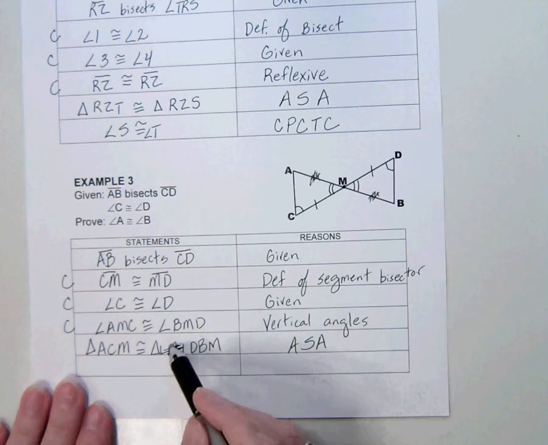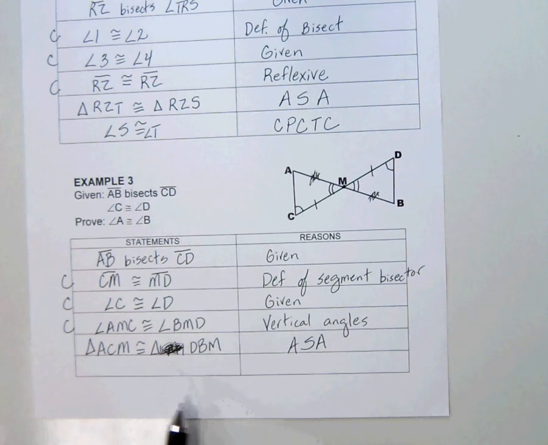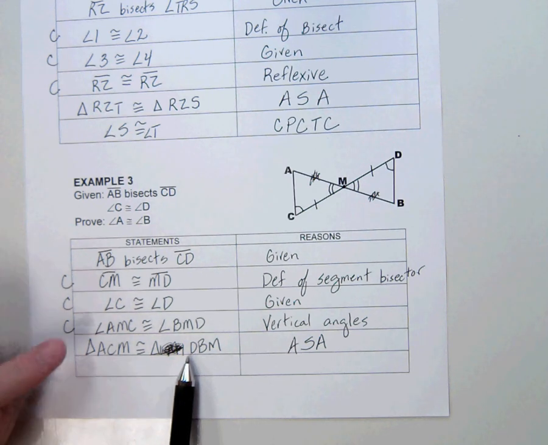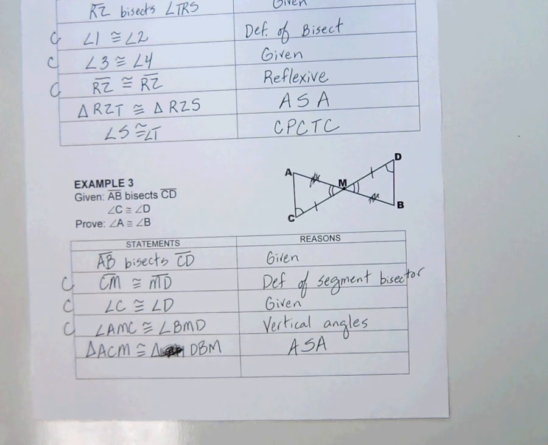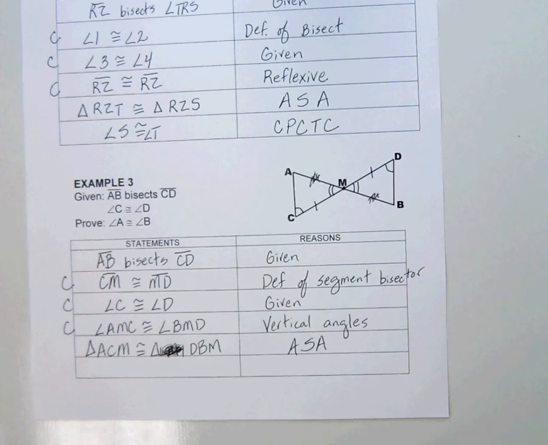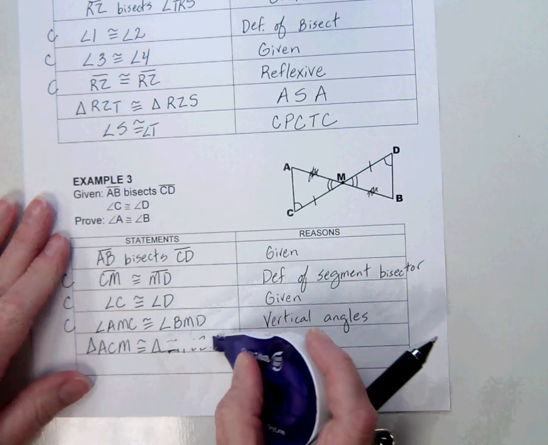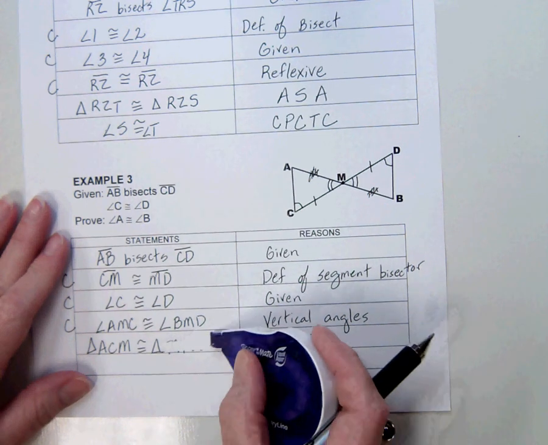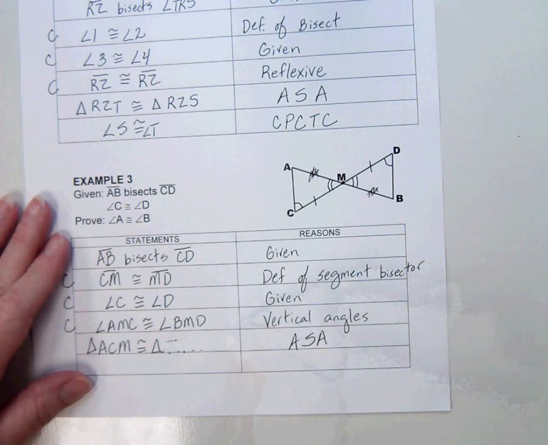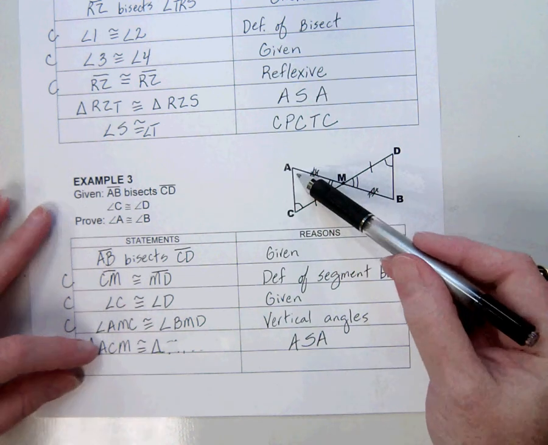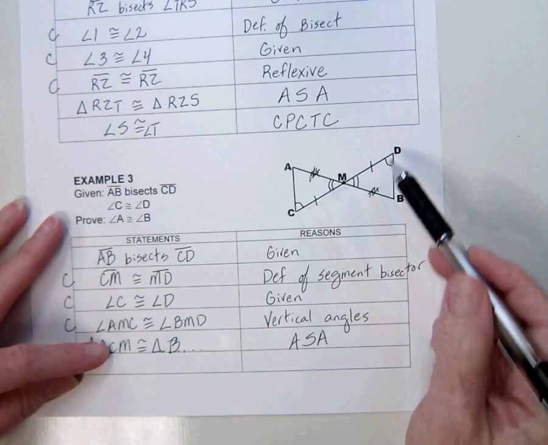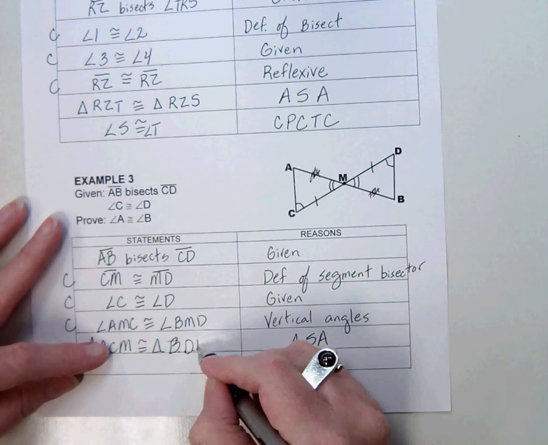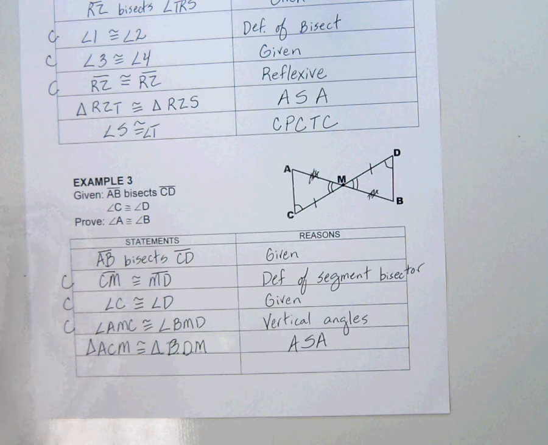The order of the letters matters. I know I'm making this kind of messy, and I don't want this to be this messy, and I want you to be able to know what you're doing. Let me wipe that out. Okay, A right here is going to be the same as B. C is the same as D, and M is the same as M if we were looking at the 2 triangles separately.